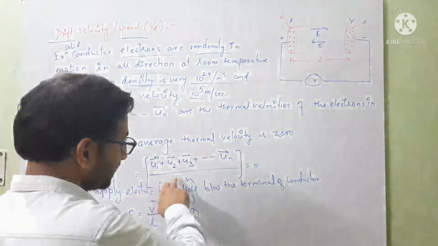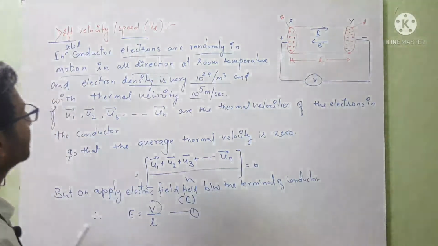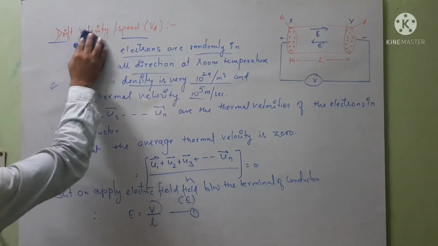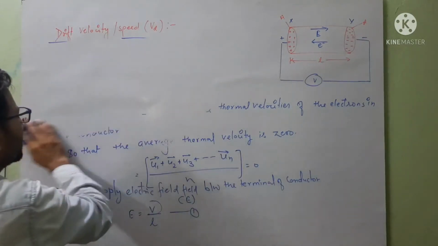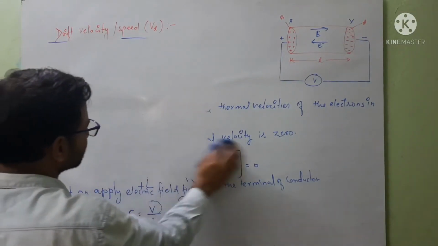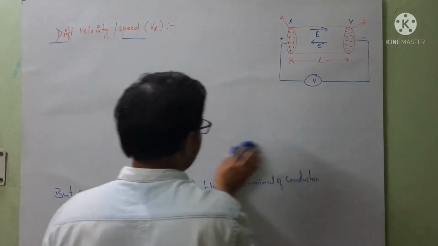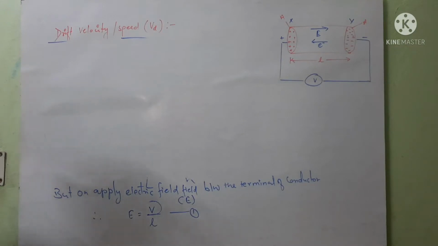So the average will also be 0. So after applying the external electric field, the electron will move with some acceleration A and having kinetic energy KE provided by the external electric field.